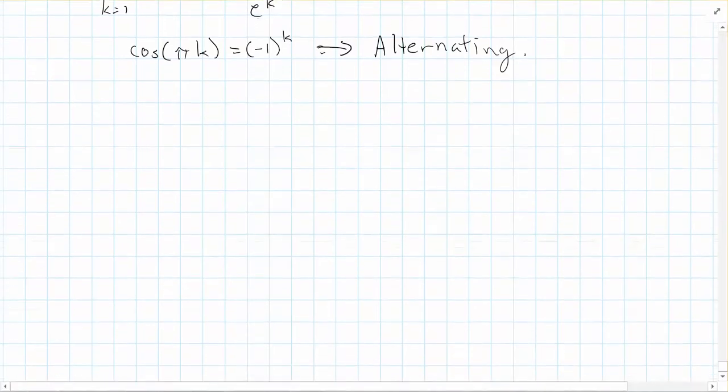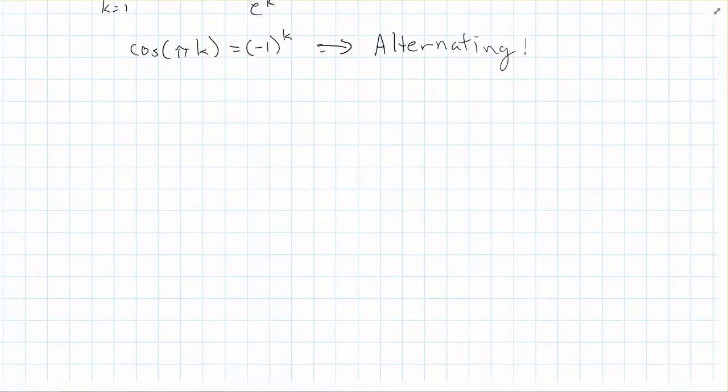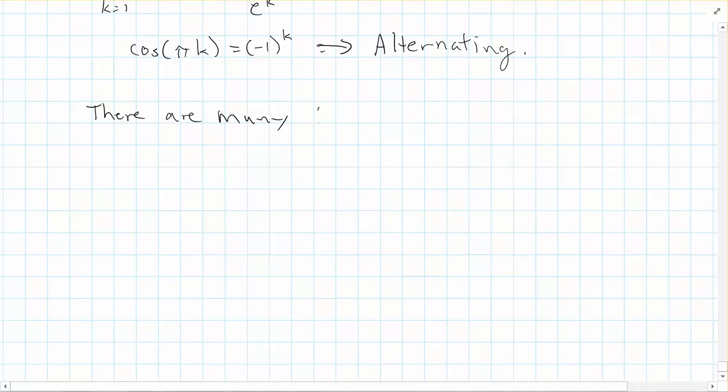So next thing is to actually talk about the test. But before we talk about the test, I think I'm going to do something different than what I've done in the past here. Let me just say there are many types of convergence.